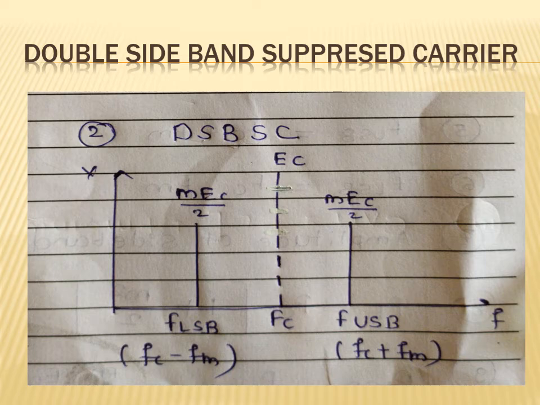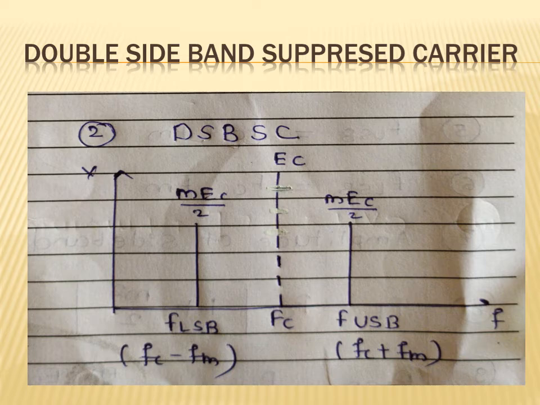As the carrier is suppressed, transmission power is saved as compared to transmission through AM.